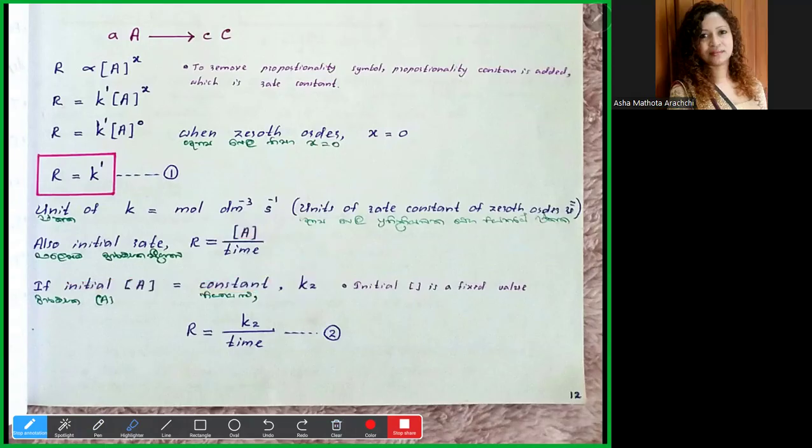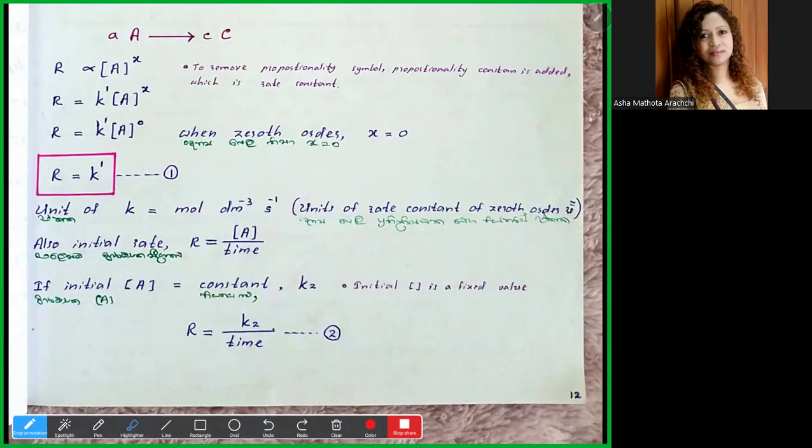Instead of this A, since it is constant, I'm writing k2. So I can write r equals k2 over time.